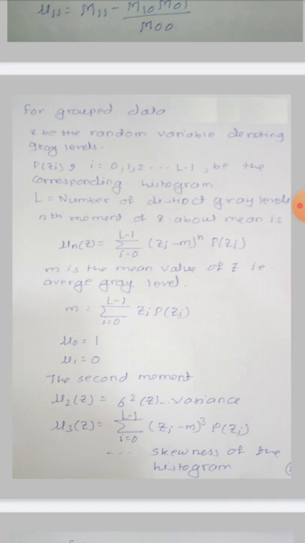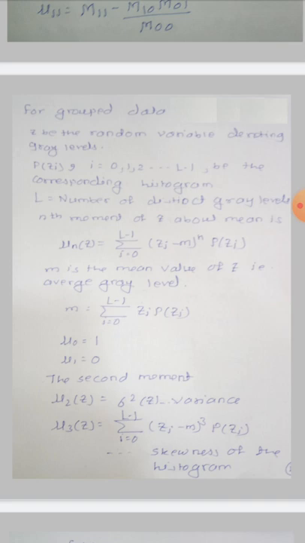The formula is mu n of z is equal to summation of i equal to 0 up to L minus 1, zi minus m raised to n, P of zi. m is the mean value of z, that is the average gray level. We can calculate m using the formula summation i equal to 0 to L minus 1, zi into P of zi.